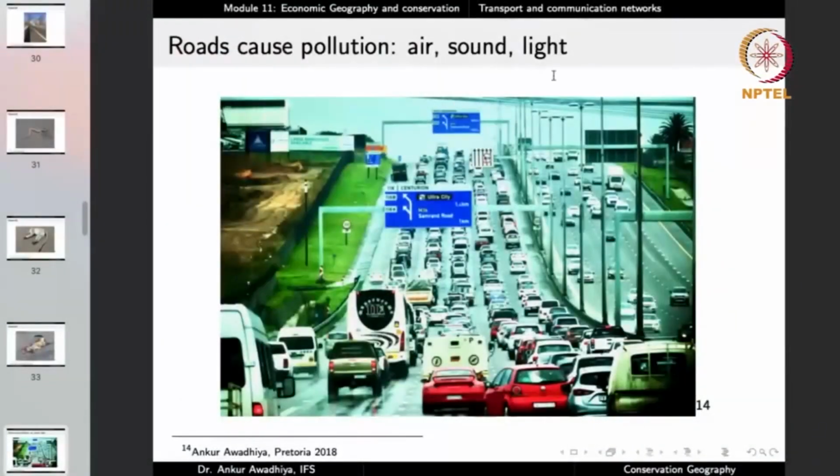And the animals, especially the wildlife, are not quite used to these sounds. So they get startled. They feel anxious. They are afraid of these sounds. And they also cause light pollution, especially in the night hours when the vehicles are using the headlamps.